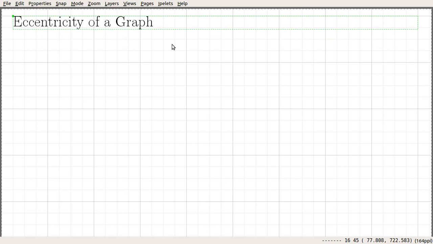So let's talk about the eccentricity of a graph. Let me give the definition, then after that I will work out an example.